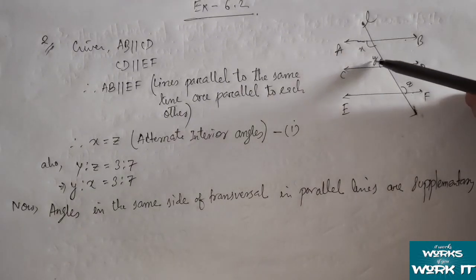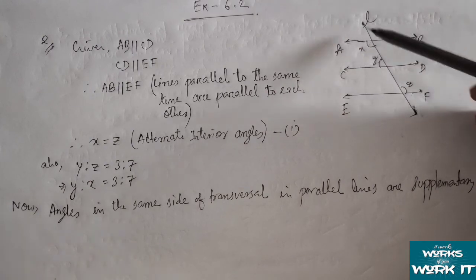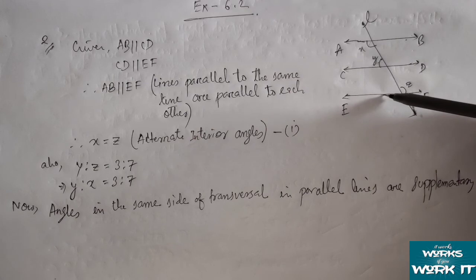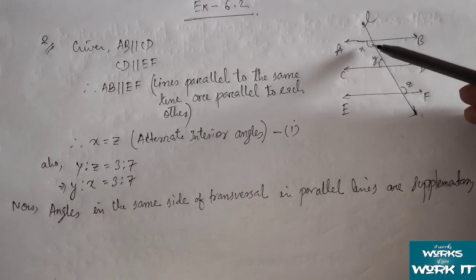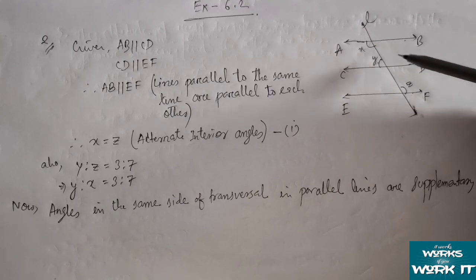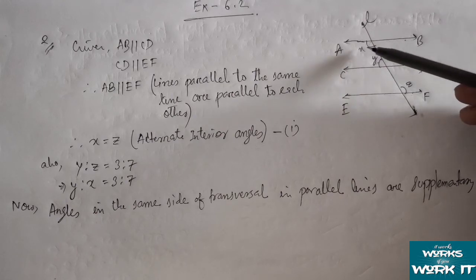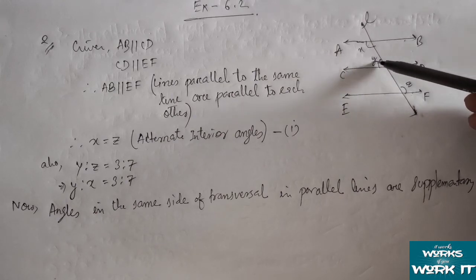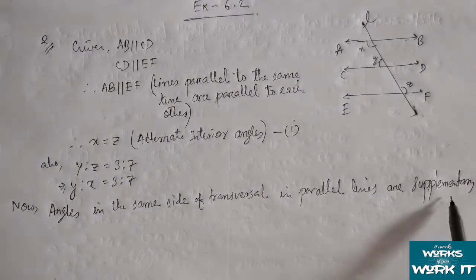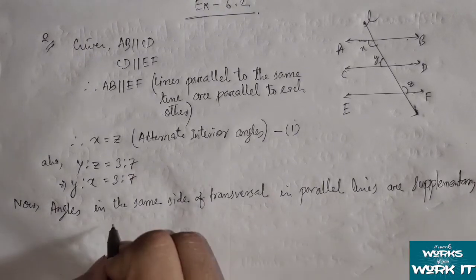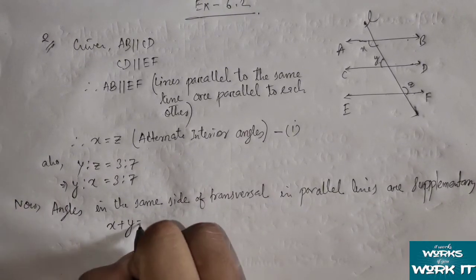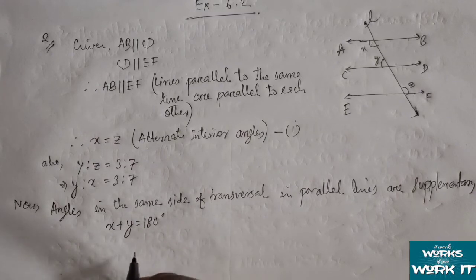So these are the two angles that are inside the same side of the transversal. L is the transversal, and AB and EF are the parallel lines. You can see if X and Y are taken, AB and CD were already given parallel. So we can say that X plus Y will give us a supplementary angle. Supplementary means X plus Y will give us 180 degrees.